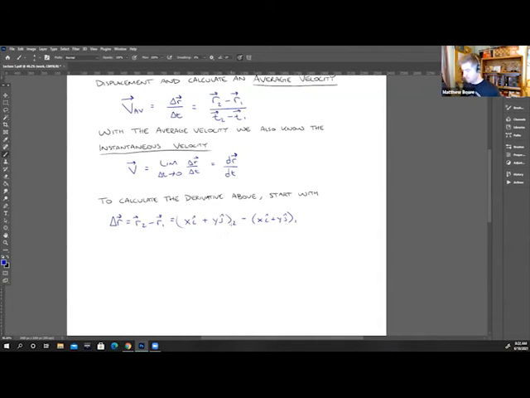Now we can combine the terms that have the same coordinate system. We can combine the i hats together, and we can combine the j hats together. That just gets us x2 minus x1 i hat plus y2 minus y1 j hat.